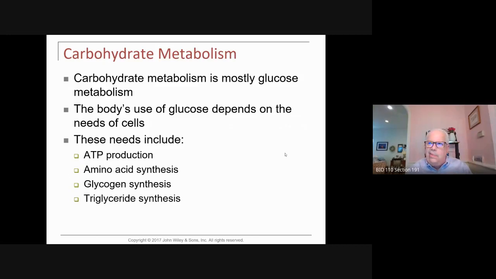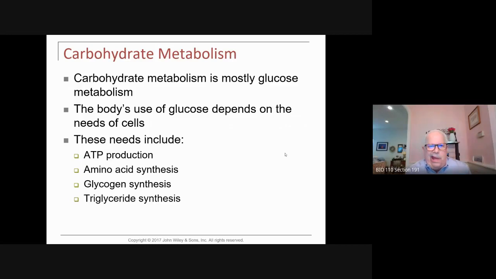Let's talk about the metabolism of carbohydrates. Basically, carbohydrate metabolism is glucose metabolism. Without glucose, your body cannot function. It depends on the needs of the cell.